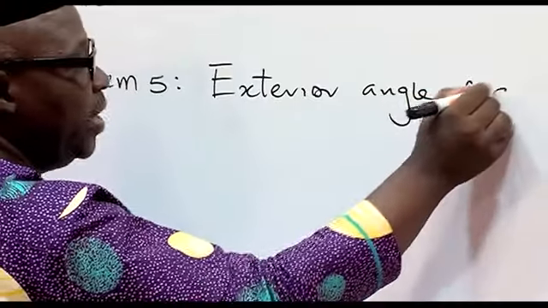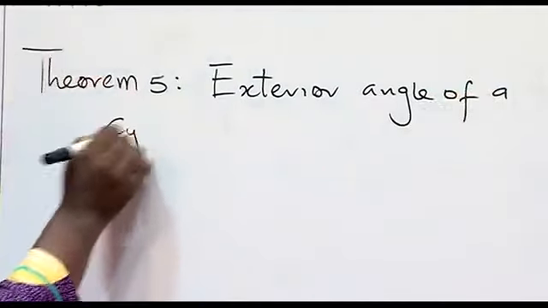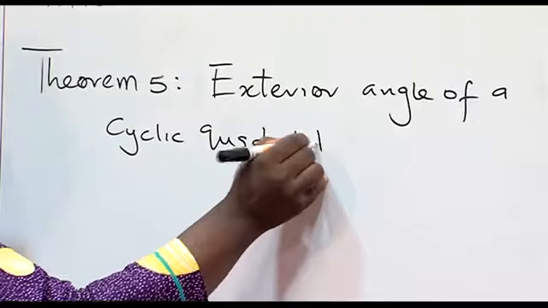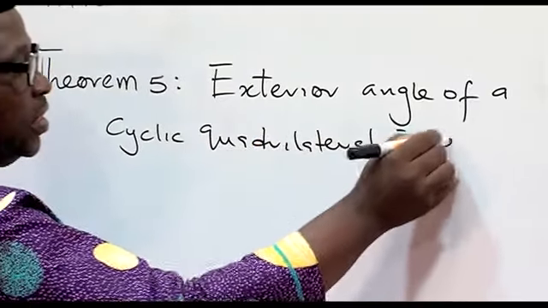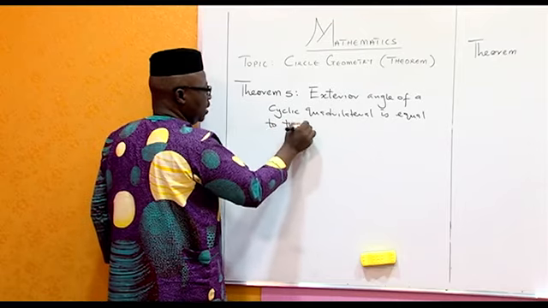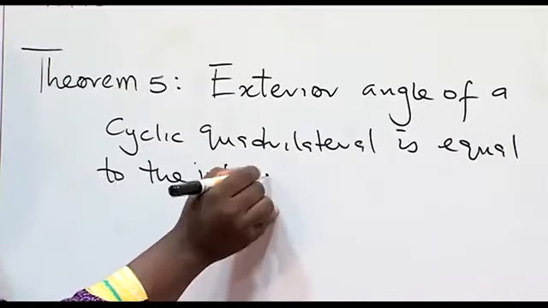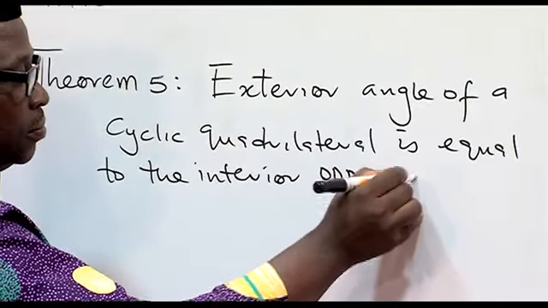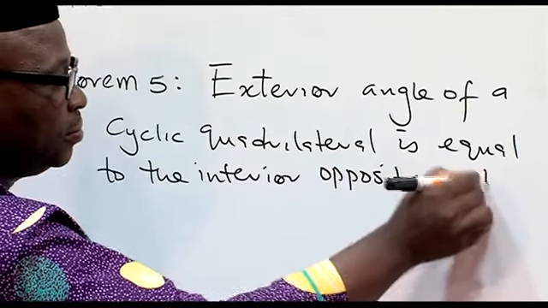Exterior angle of a cyclic quadrilateral is equal to the interior opposite angle.